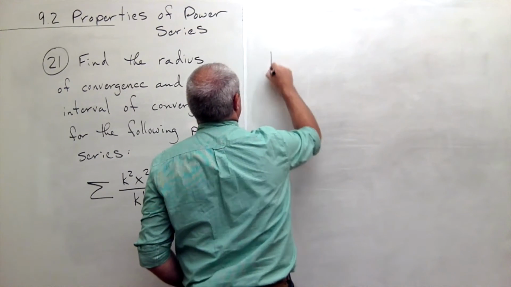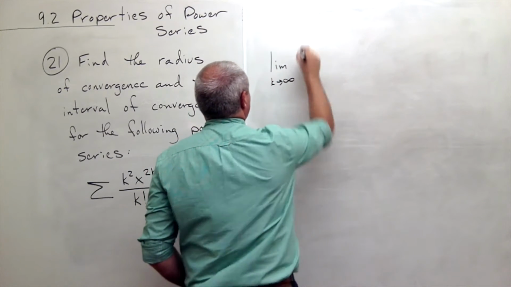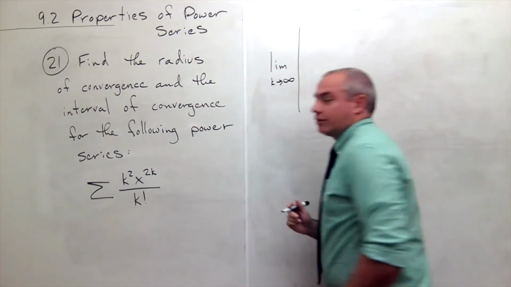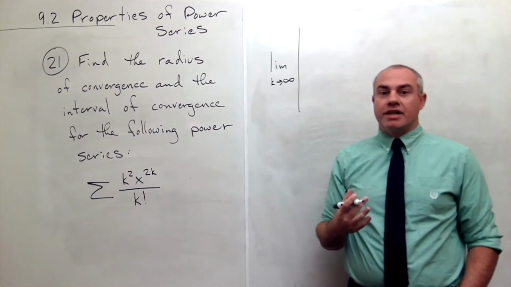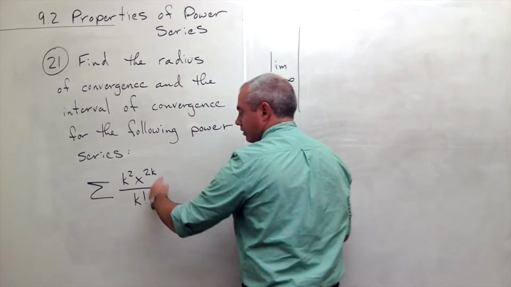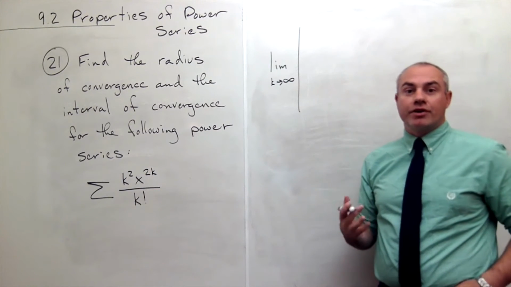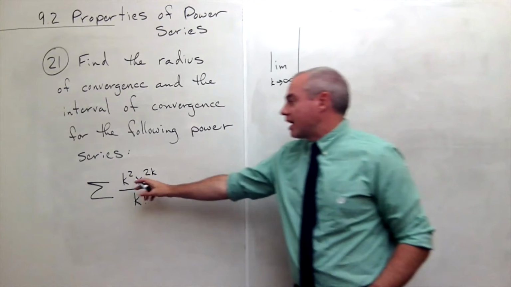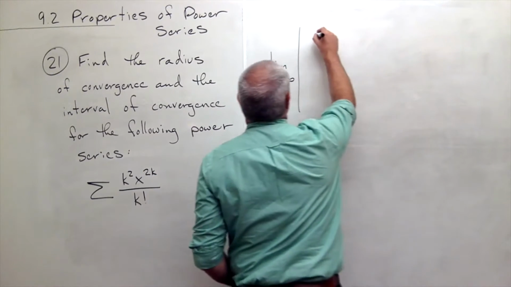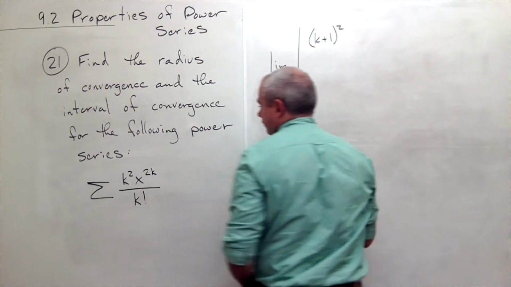So let's start with the limit as k goes to infinity of the absolute value, and that's very important to put in the absolute value, of this guy, except put in k plus 1s instead of all the k's. So instead of k squared, I have k plus 1 squared.